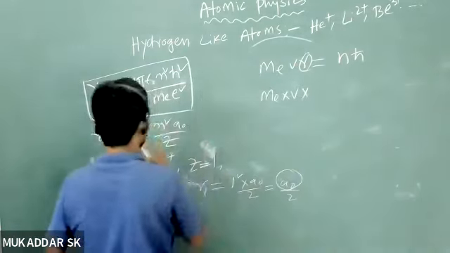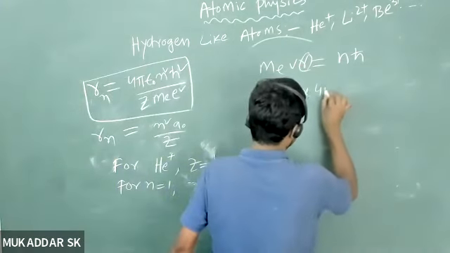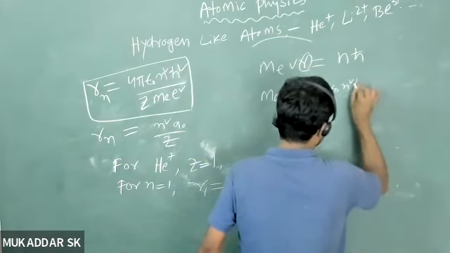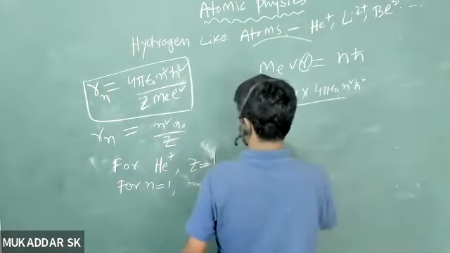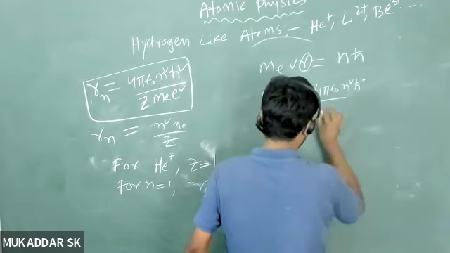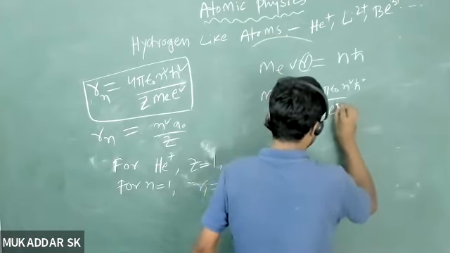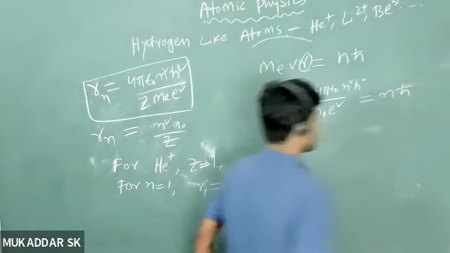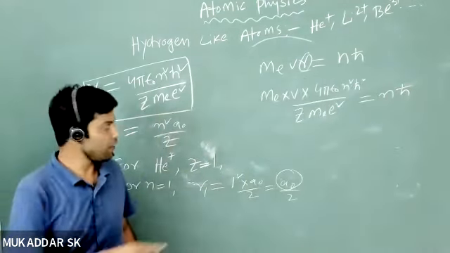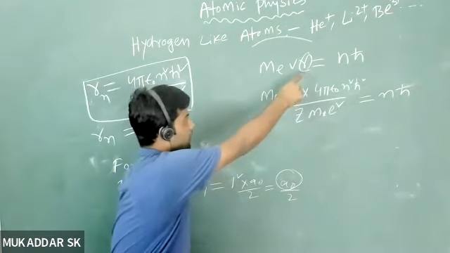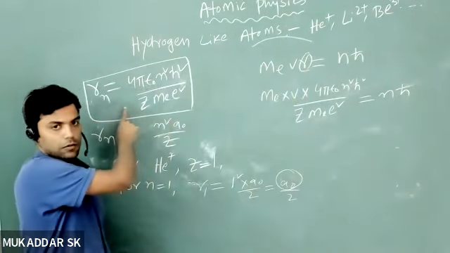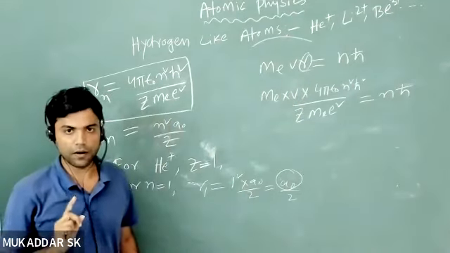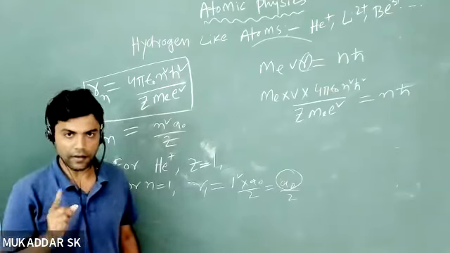Now we'll substitute r: 4 pi epsilon naught, then n square h cut square divided by Z times mass of electron into charge of electron square. That should equal n h cut, is it not? What you have to do is substitute this r, that r you know now. If you substitute this r, you will get the expression for v, the speed of electron for hydrogen like atom.